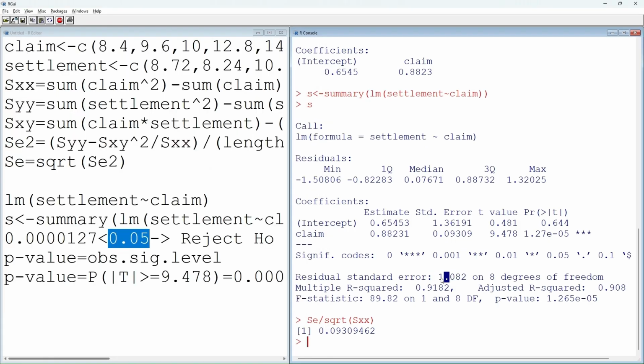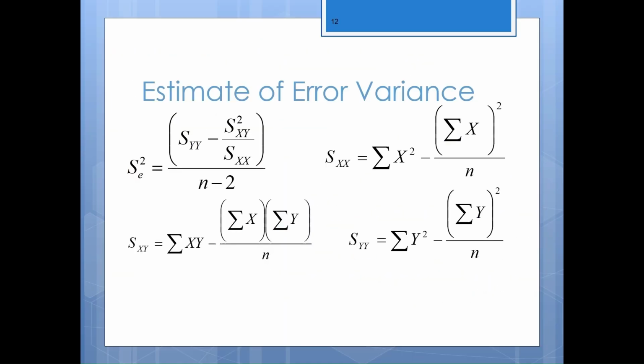If you want the residual standard error, you will need to find the square root of this. That will give you the residual standard error.